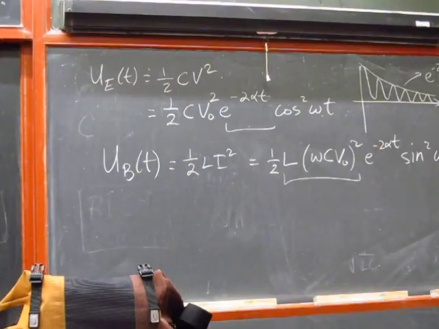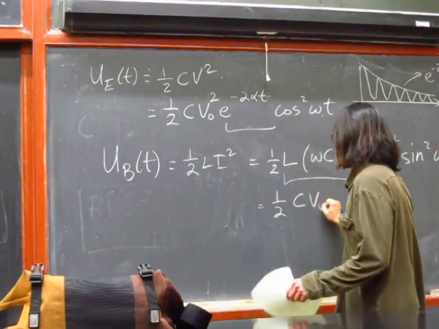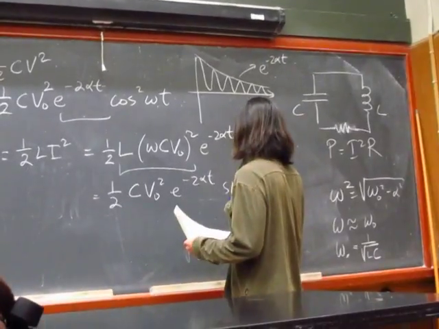And omega naught is equal to 1 over square root of LC. This is the natural resonance frequency of the LC circuit without the resistor, okay? So when you do that, you get 1/2 C V naught squared e to the minus 2 alpha t sine squared.